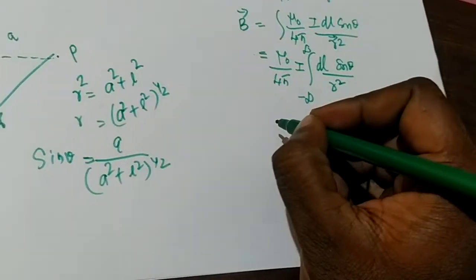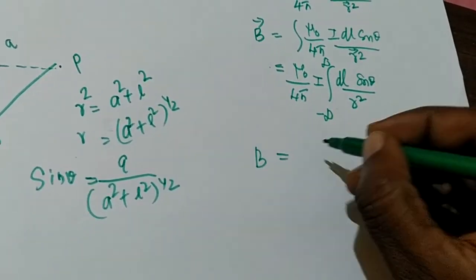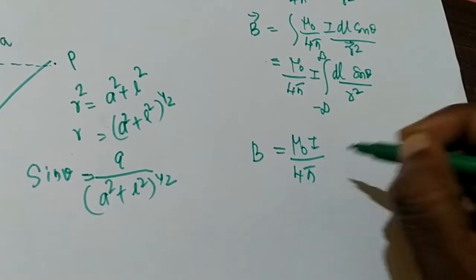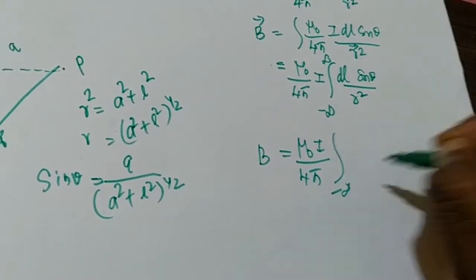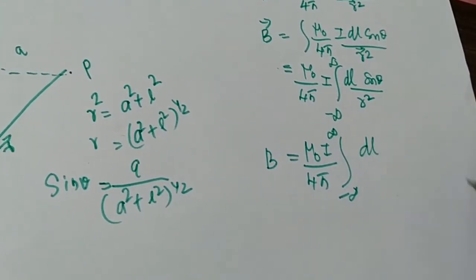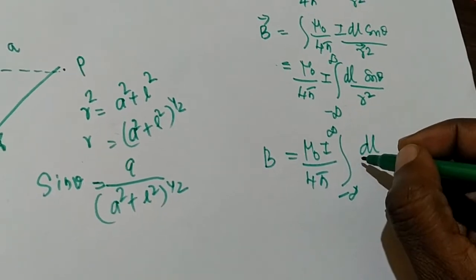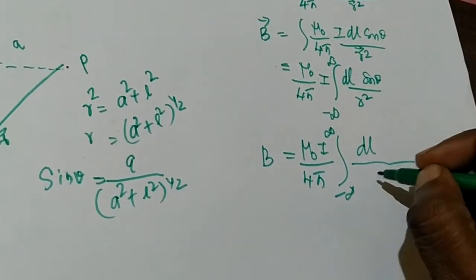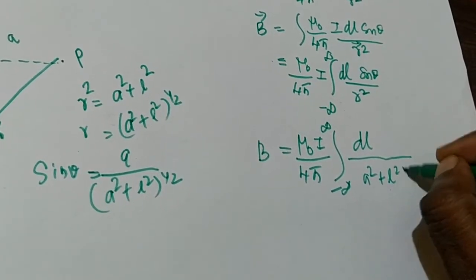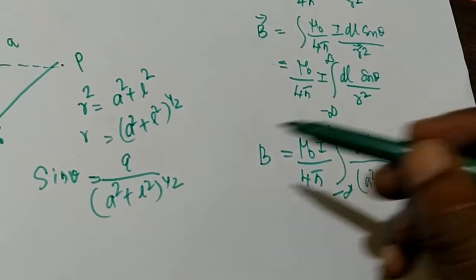So if I substitute these quantities here, what I'm going to get is B is equal to mu 0 I by 4 pi integral minus infinity to infinity dl by r square. R square is equal to a square plus l square, and sine theta. What is sine theta?